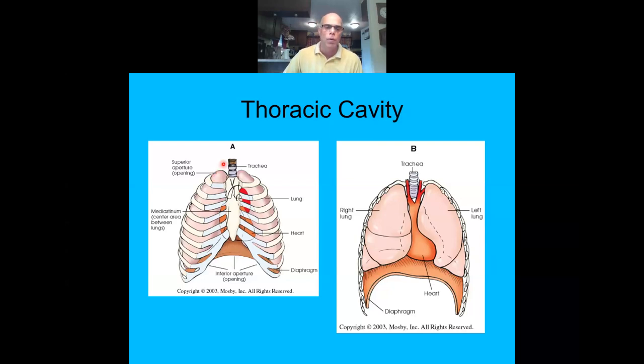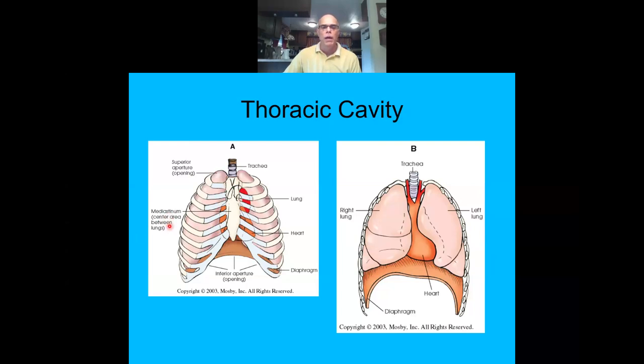Okay, that's what we're bringing some emphasis to. The mediastinum is actually your central portion located between the two separate lungs. Yes, the lungs are separate organs. So right between there is this entire area called the mediastinum.